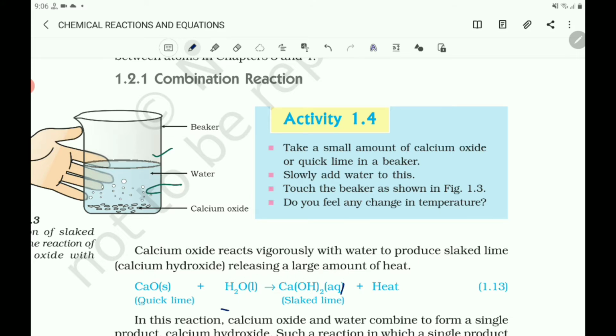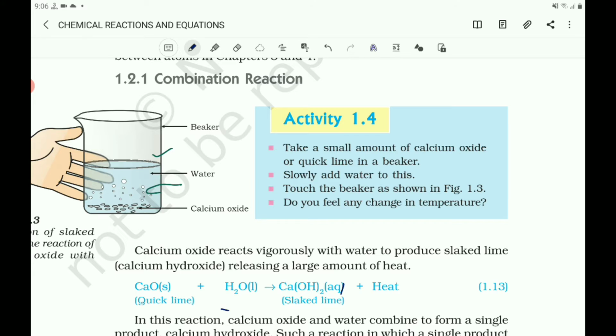In the first step, breaking of bonds takes place, and in the next, making of new bonds takes place.